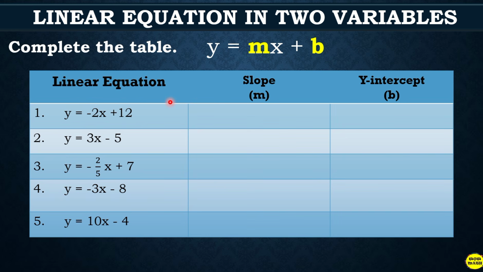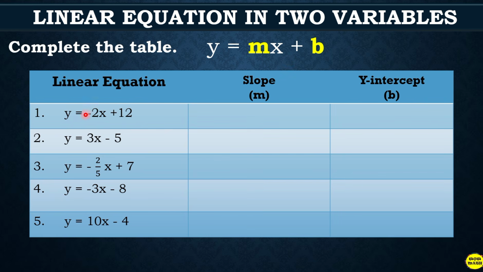Mas madali natin siyang makikita kapag ang linear equation mo ay naka-slope intercept form. And kapag ang hinahanap naman natin ay coefficients, dapat nakaayos siya in general form. So you should know how to rewrite your linear equations. Okay, so that is the next topic. Hindi natin muna siya isasama dito.